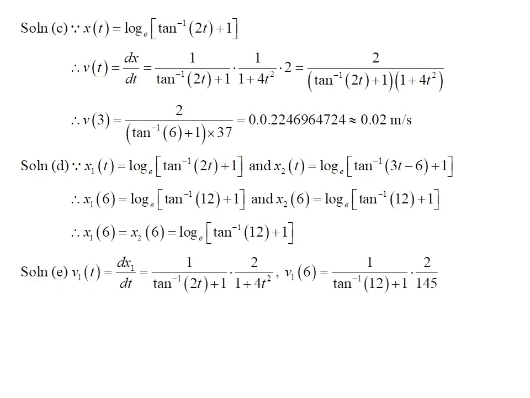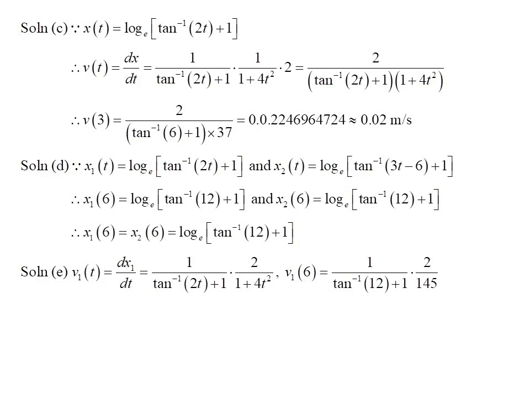Part E is to find the ratio of the speed of the first particle to the speed of the second particle when t equals 6 seconds. We need to work out the speed of both particles when t equals 6 seconds.